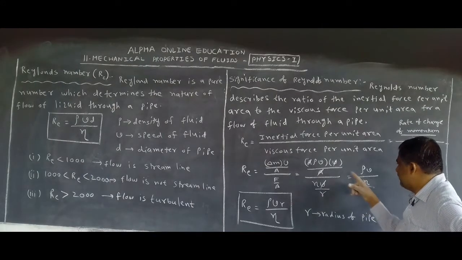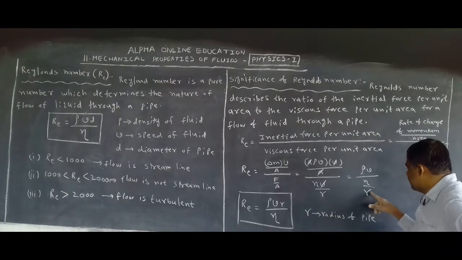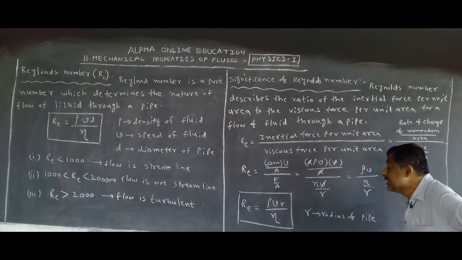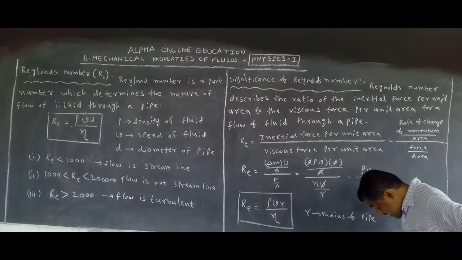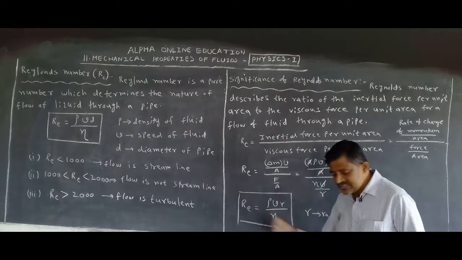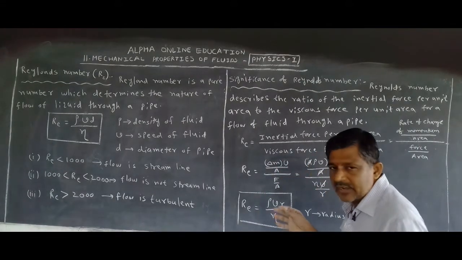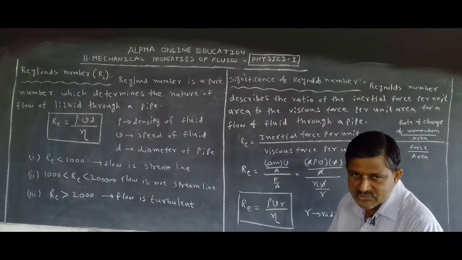Cancel. So what can we get? Rho v by eta by r. Taking r in the numerator, it is equal to rho v r by eta. This we get from the physical significance, but anyhow Reynolds number is a number, it has no units.